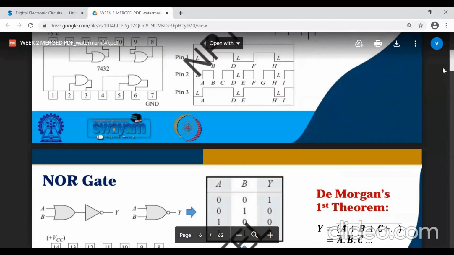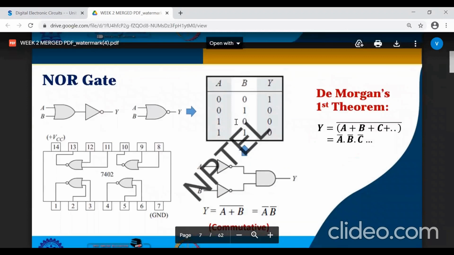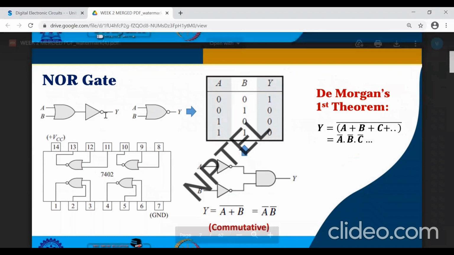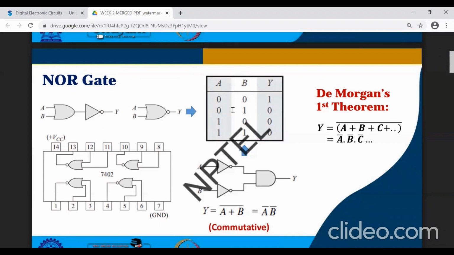The next gate is NOR gate. If we look at the symbol of NOR gate, it is a combination of OR gate and NOT gate. So OR gate having one bubble at the output side represents NOR gate. This is the truth table of NOR gate.